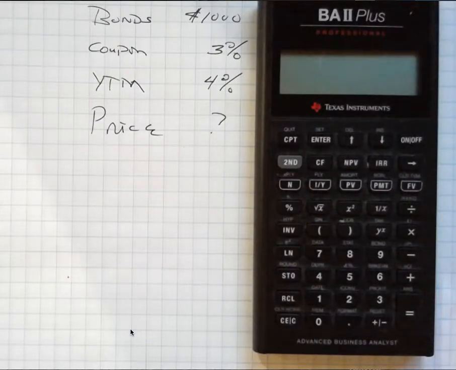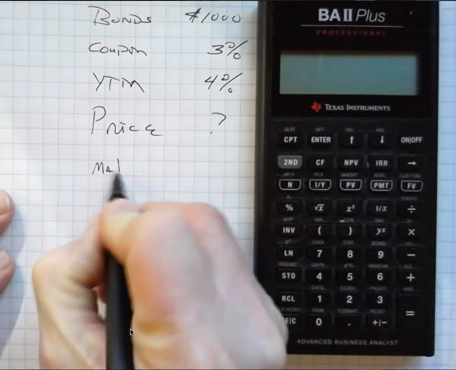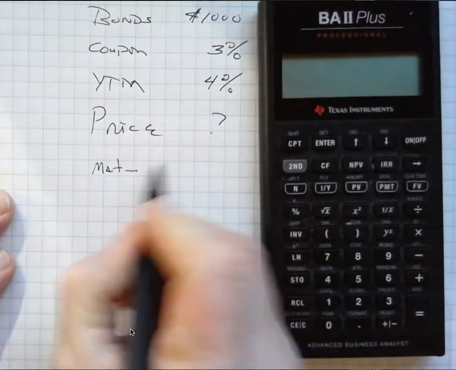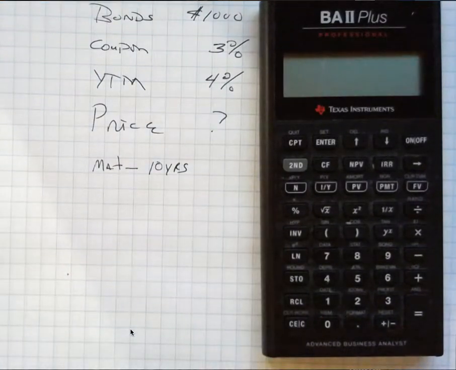And let's just assume the bond matures, let's say in 10 years. Now let me say one or two things about this before we get into the actual calculations on the business analyst.